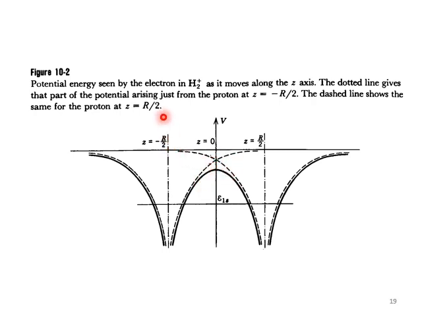And these two nuclei are separated by a distance capital R, which will be determined later on. So along one axis, it looks like this.